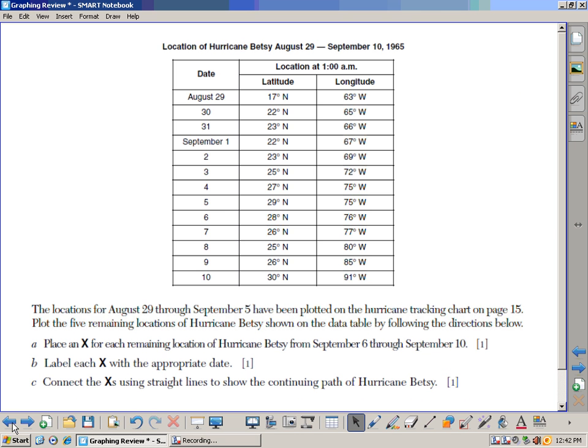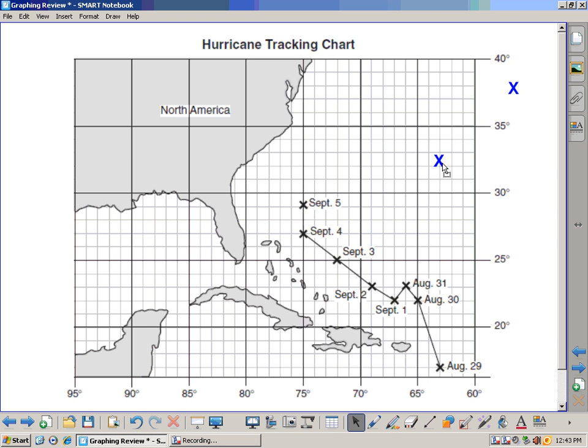Once again, my first point for September 6th was 28 north, 76 west. So 28 north is going to be here. And we're going to go to 76 west. Here's 75. There's 76 west.